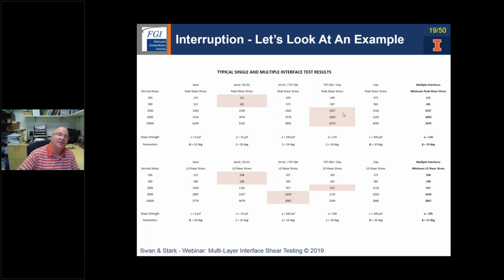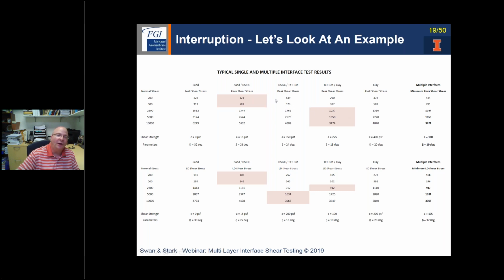And then we saw the transition, just like we saw graphically, to the textured geomembrane clay interface for the normal stresses ranging from 2,500 up to 10,000 PSF.